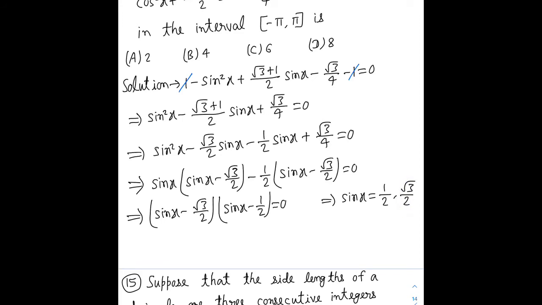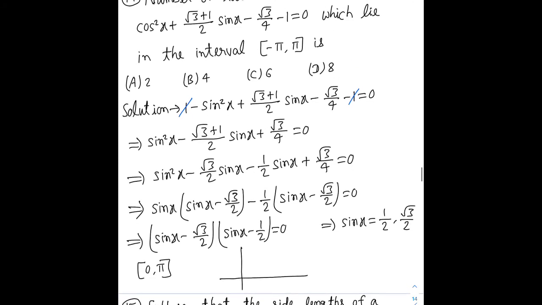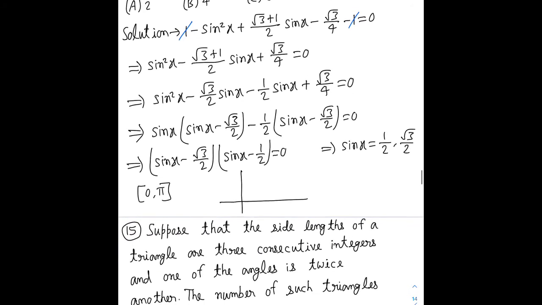So, suppose the interval is 0 to pi. Are you getting it? If the interval is 0 to pi, then sin x would be equal to 1 by 2, or you can do it from the graph also. So, sin x between 0 to pi, if it is 1 by 2, it will cut the graph at 2 points.